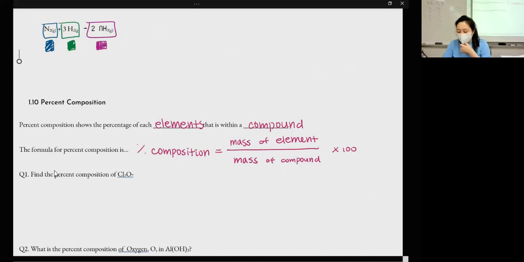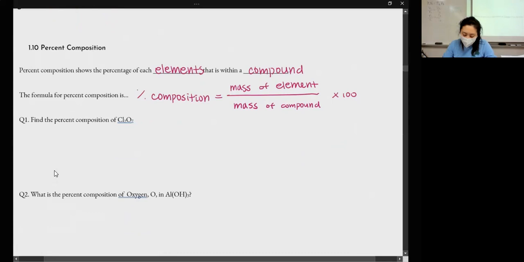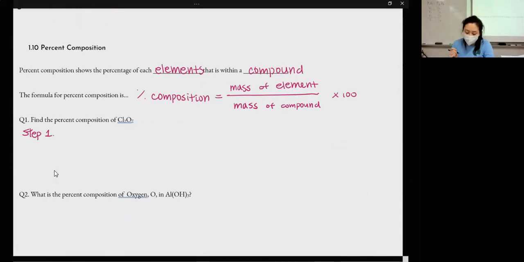So you will be picking one element in a compound to figure out the percentage of that in a percent composition problem. So the first thing you will do for these problems is look for the molar mass of this compound.